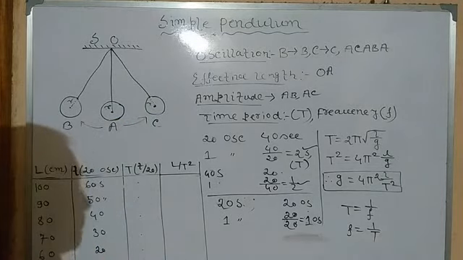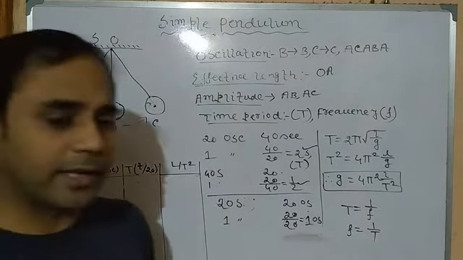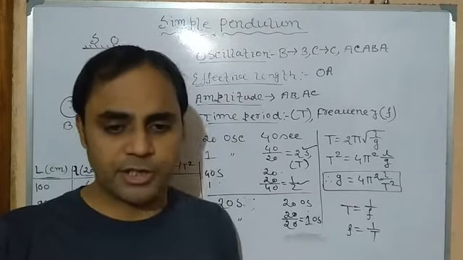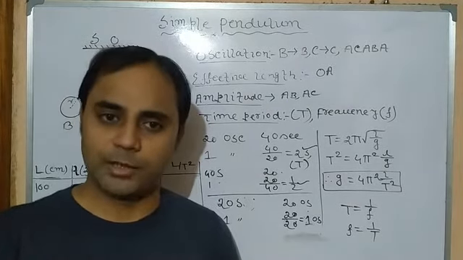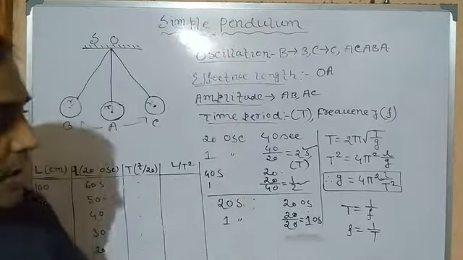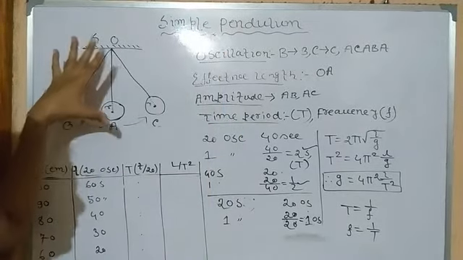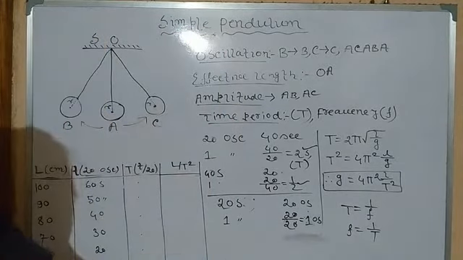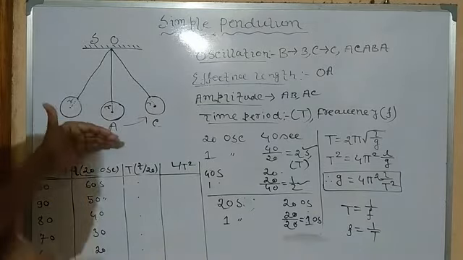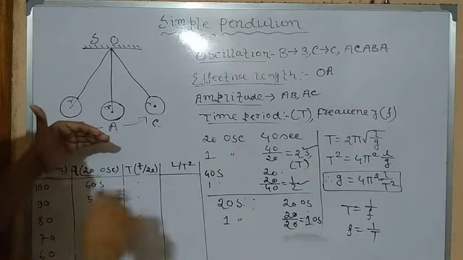Whereas for the compound pendulum, one characteristic is that due to season change, it generally becomes faster and slower. Why? Since its effective length, the handle, is made of metal, during summer it expands, and since the length is increased, the time period also increases.